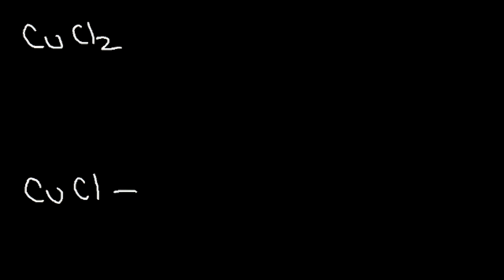Now let's say we have the formulas CuCl2 and CuCl. So how would you name these two compounds? CuCl is copper 1 chloride.